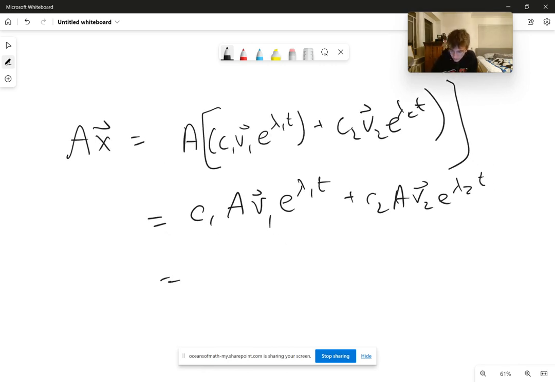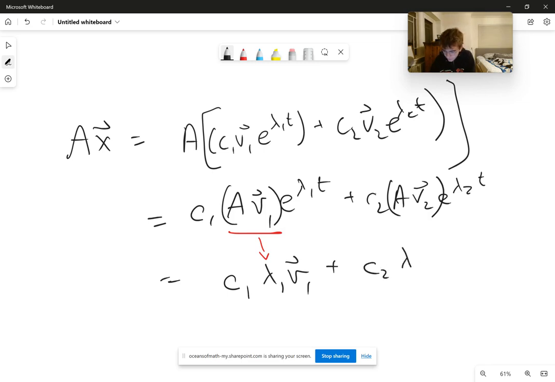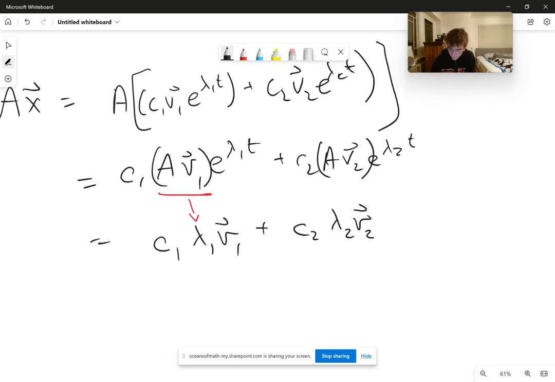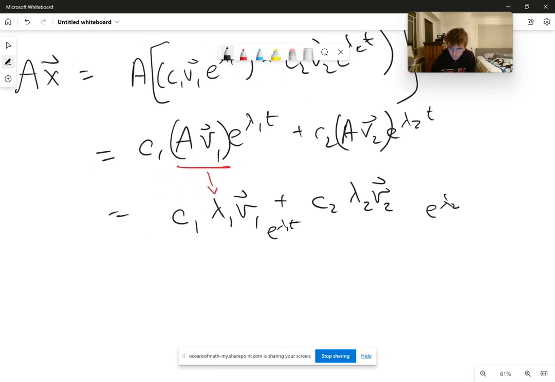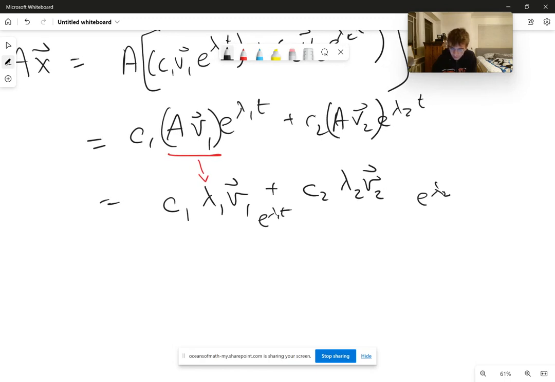And now if we look at just these two terms and isolate them, we're going to get lambda 1 v1, by the nature of the fact that v1 is an eigenvector corresponding to lambda 1. I'm going to do this with A v2 as well, and then I should have the exponentials here, lambda 1 t and lambda 2 t. And now we can look at just x dot.